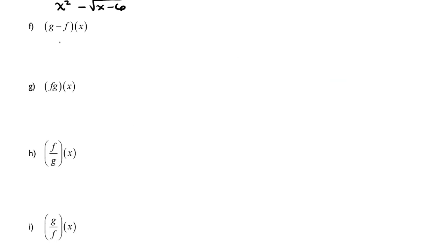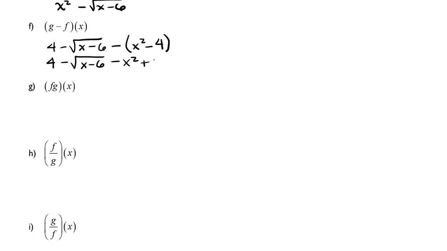Now we have g of x minus f of x. This function is similar, only we're subtracting the other function. So now we will have 4 minus the square root of x minus 6 minus the quantity x squared minus 4. We will have 4 minus the square root of x minus 6 minus x squared plus 4.